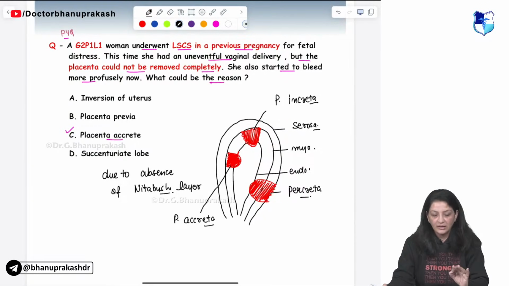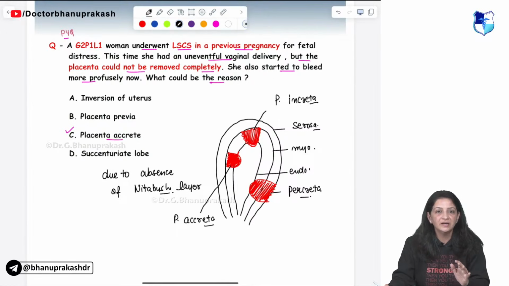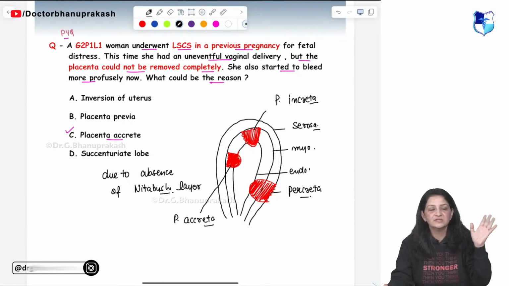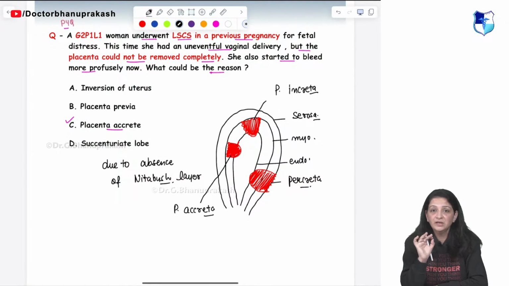So clear? Accreta, superficial attachment to the myometrium. Increta, villi invade the myometrium. Percreta means it has gone beyond the uterus, to the serosa of the uterus. In this condition, it will be difficult to remove the placenta.